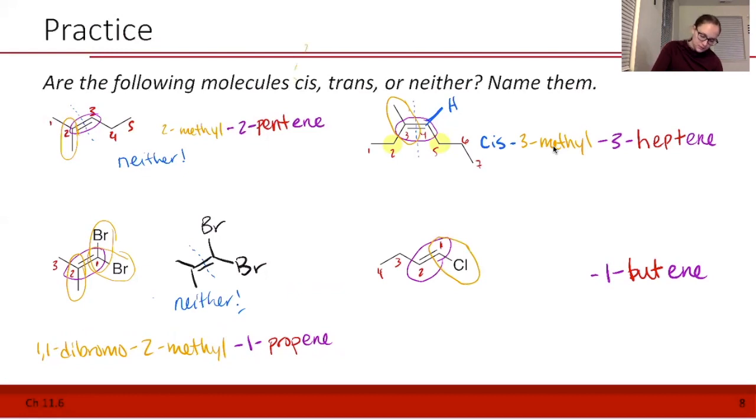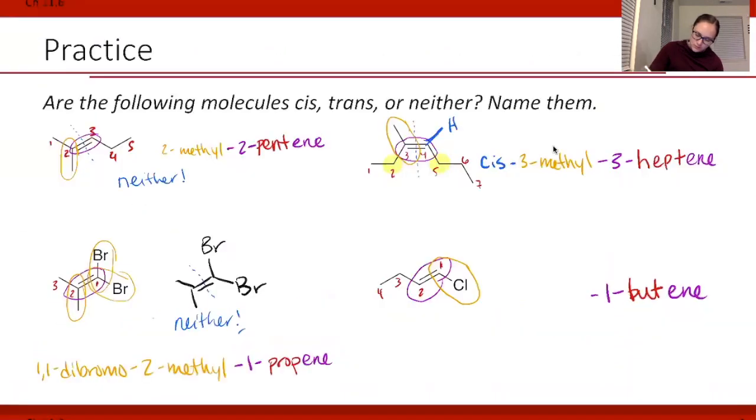So 1-chloro-1-butene. And then let's figure out if it's a cis or a trans isomer. So I'm going to do a dotted line, and draw in all of the rest of my hydrogens. Let's compare each side. On the left side, we have a hydrogen versus a carbon. The carbon's for sure going to win.